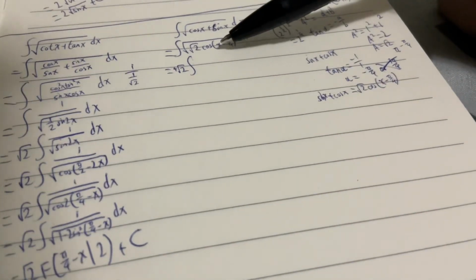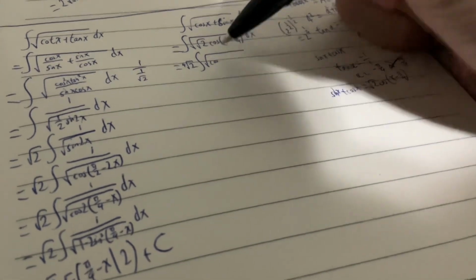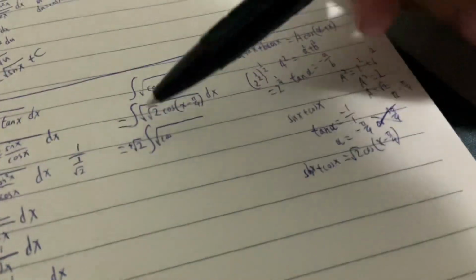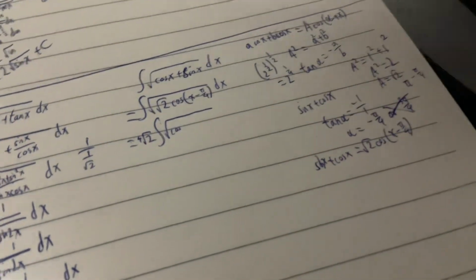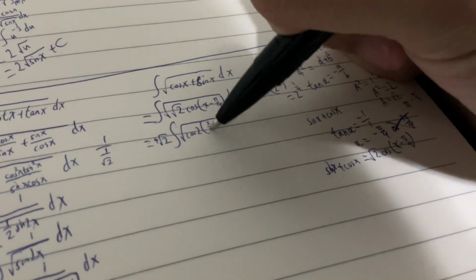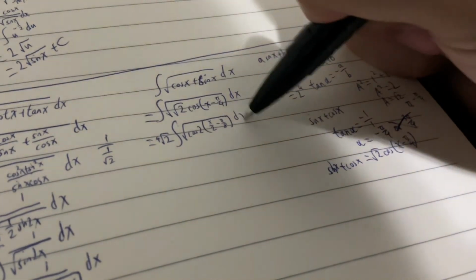I want cosine 2x here, right? But this time we're going to use the elliptic E here. So here I'd like to get a 2, and then this x over 2 minus pi over 8. You just get the original back, dx.